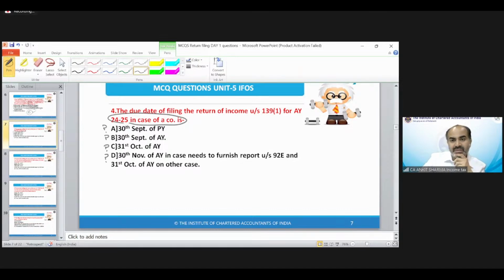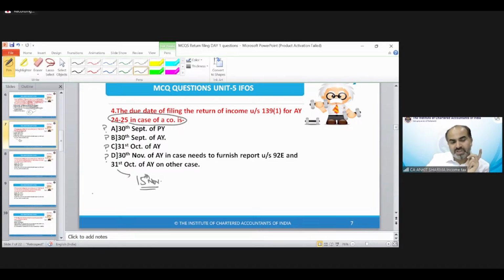Or is it D, that is 30th November of assessment year in case one needs to furnish a report under section 92E, and 31st October of assessment year in other cases. Remember, the date has been extended to 15th November.